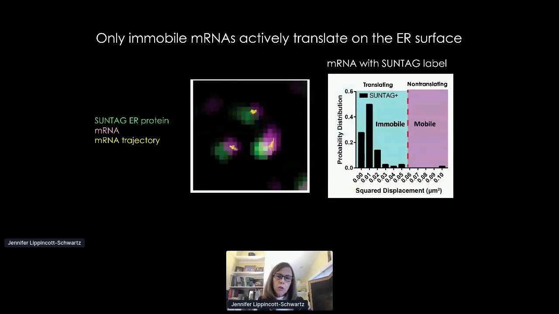When he introduced this probe into his cells, he found that the mRNA that was immobile was the mRNA where the SunTag ER protein became visible, indicating that only the immobile mRNAs on the surface of the ER seem to be actively translating.